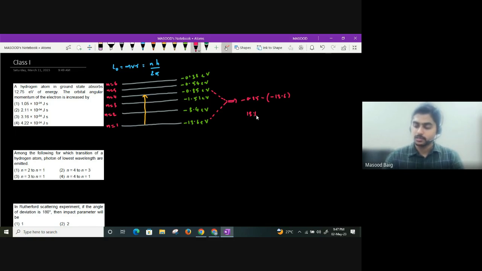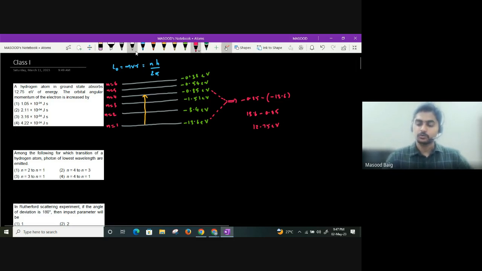So I can write 13.6 minus 0.85. So how much will this turn out to be? You will get 12.75 only, right? This you will get as 12.75.